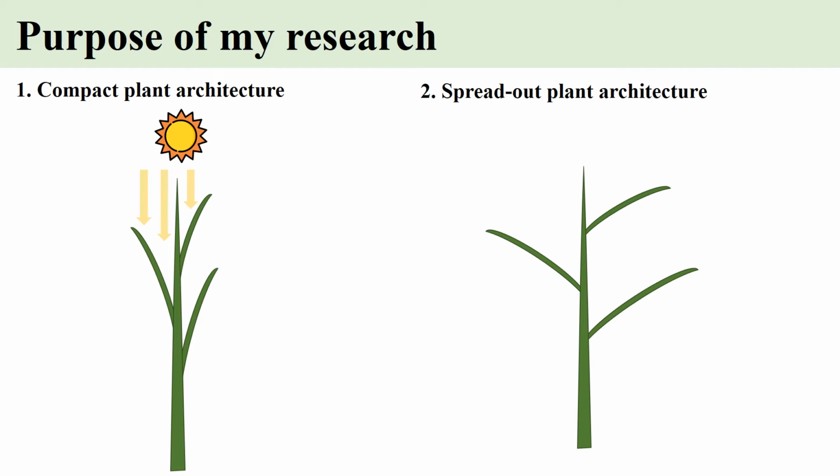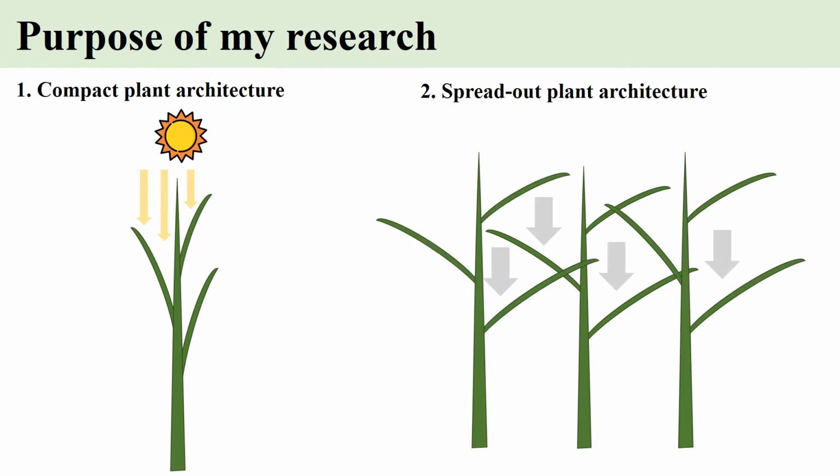Also, spread out plant architecture is thought to be large enough to accept sunlight, but in fact it is inefficient because it creates a lot of shadows. It is also prone to damage from pests and pathogens easily.